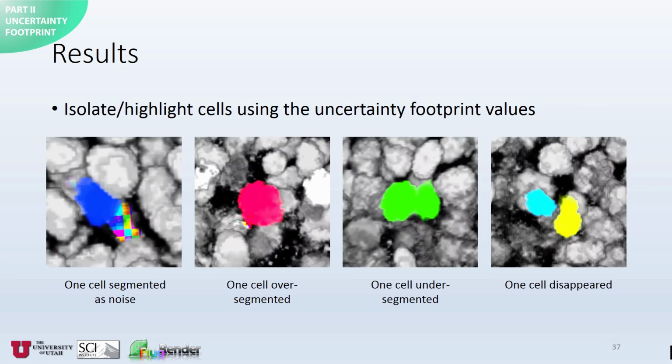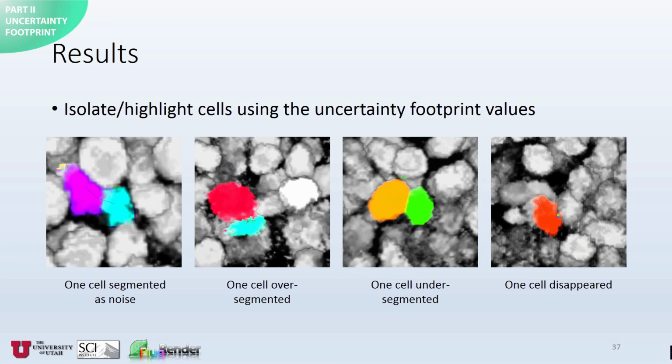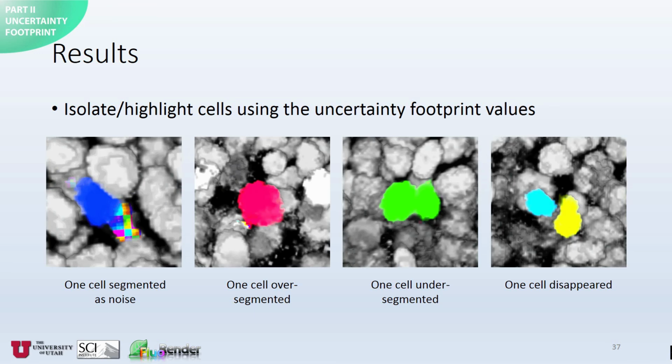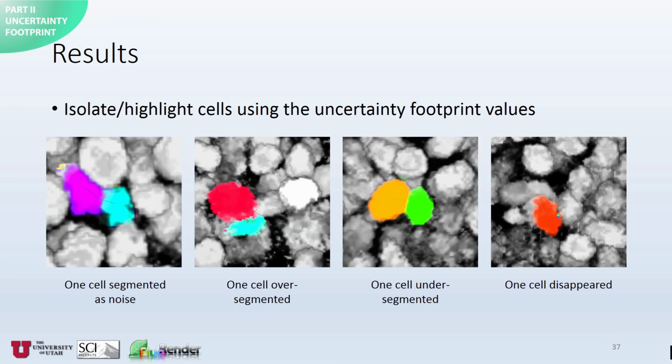Lastly, we also found a case that one cell disappeared in the second time point. All these examples demonstrate that we can use the uncertainty footprint to detect tracking issues. Since many of the tracking issues are produced by segmentation errors, we can use the previously mentioned segmentation methods to resegment these cases.